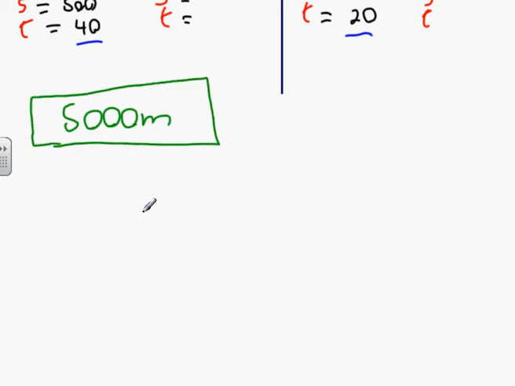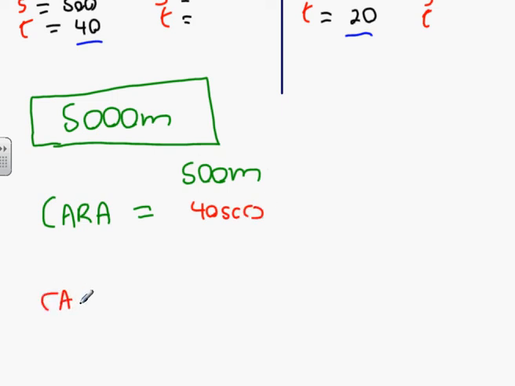Let's figure out car A. Car A travels 500 meters, and it does that in how long? 40 seconds. Car B, it's 250 meters in 20 seconds.